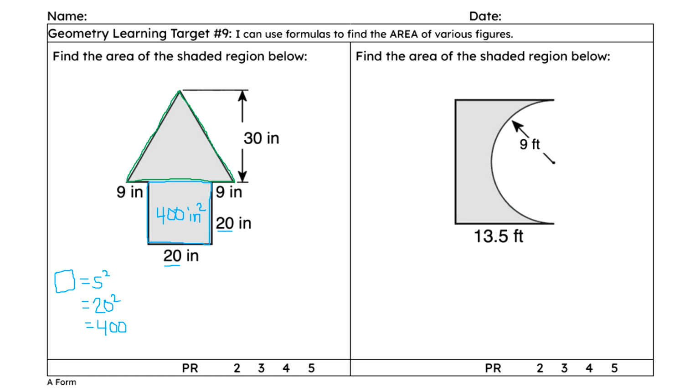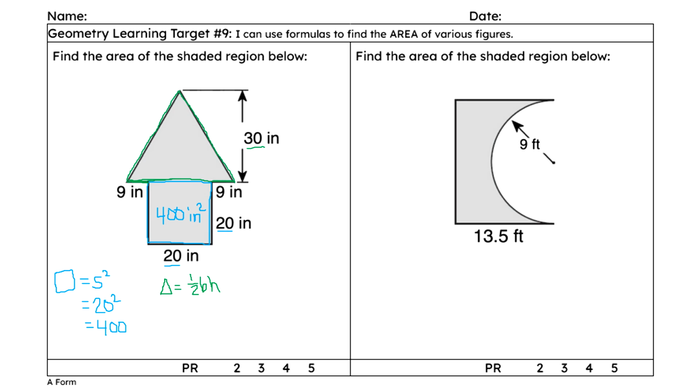Now we're going to deal with the triangle. The area of a triangle is going to be 1/2 of the base times the height. So you should have somewhere the formulas for a lot of these common shapes, because you're going to be using them. You don't have to memorize them. Just make sure you have those available. So I know the height of the triangle is 30. But I need to figure out what the base is. I know this little chunk here is 9, and this has an equal little piece over here, another 9.